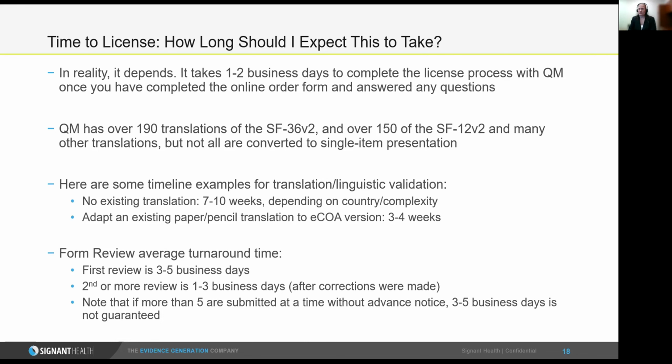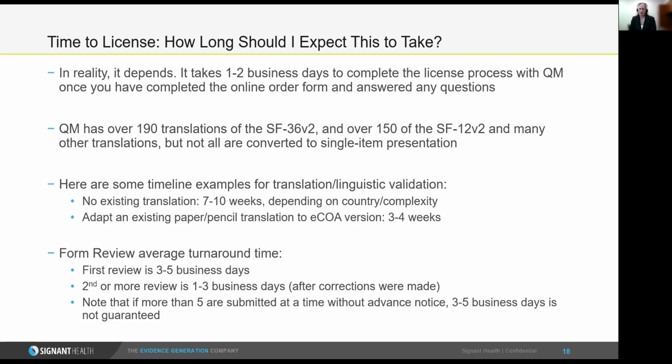If you're wondering how long this takes, if there's no existing translation, which rarely happens in many of our forms anymore because we have so many, it can take 7 to 10 weeks. If you need to take an existing paper or pencil translation and turn it into an ECOA version, that takes about 3 to 4 weeks.